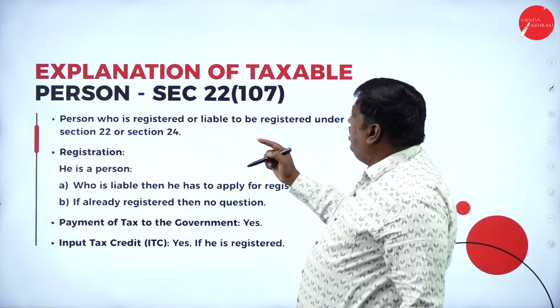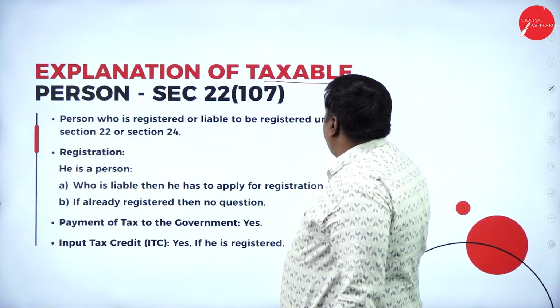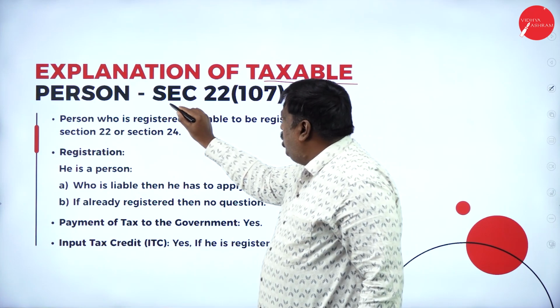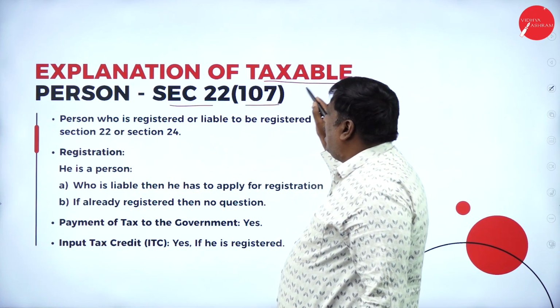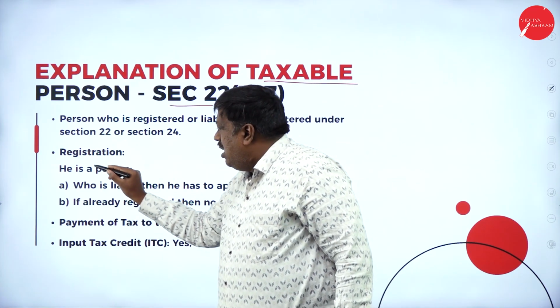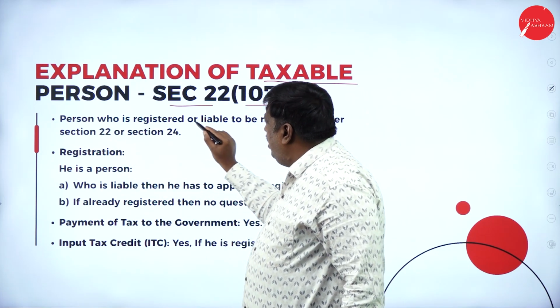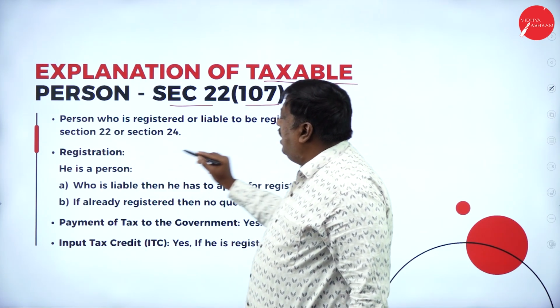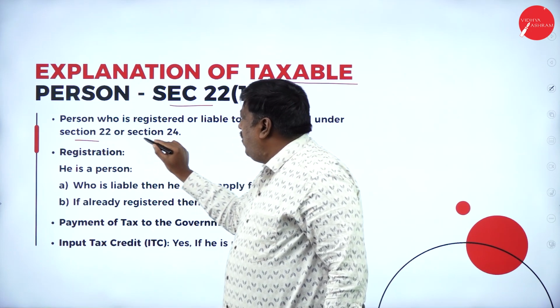Next one. Taxable person under Section 2, Subclause 107 says thus: a person who is registered or liable to be registered under Section 22 or 24.